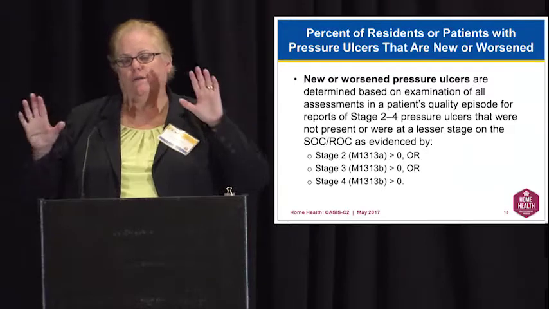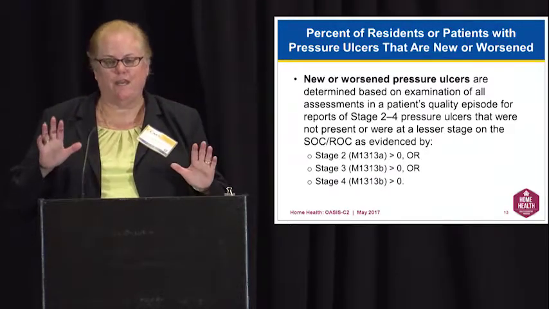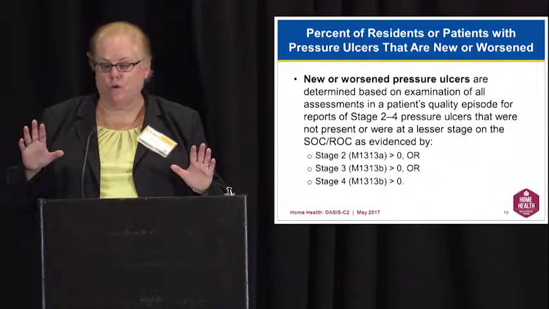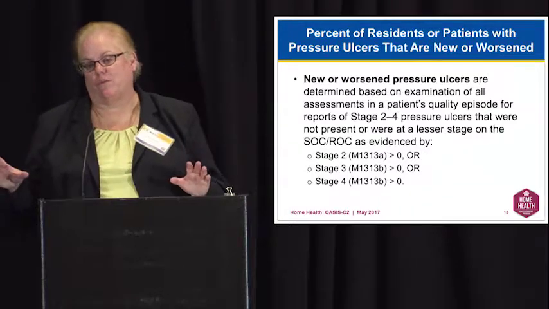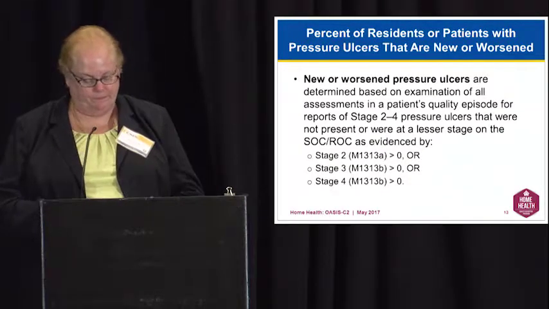And so it's a comparison. It's saying, when I did my SOC or my ROC, do I have any ulcers that are new at stage 2 to 4, or worsened, meaning they were at a 2 and now they're 3, or they were 3 and now they're 4. Okay, that's what this is looking for.